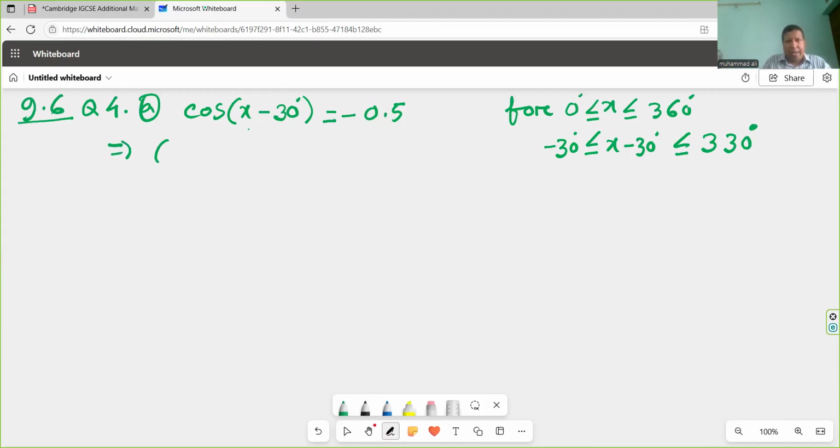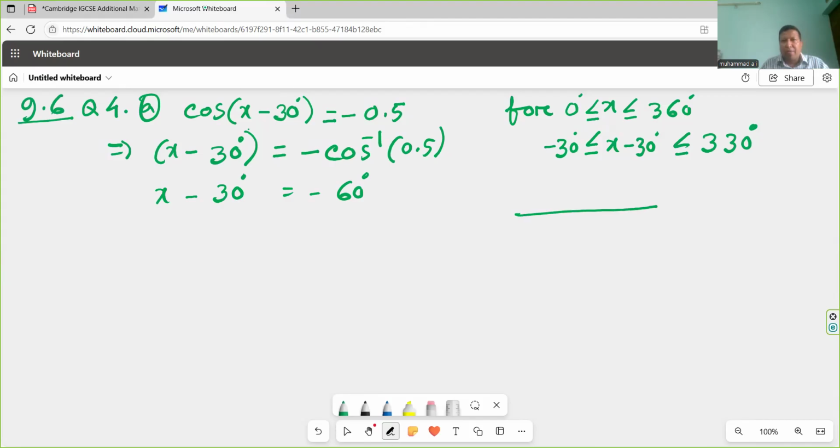Now x minus 30 degrees equals minus cos inverse 0.5. So it will be 60 degrees, so minus 60 degrees. x minus 30 degrees will be minus 60 degrees.